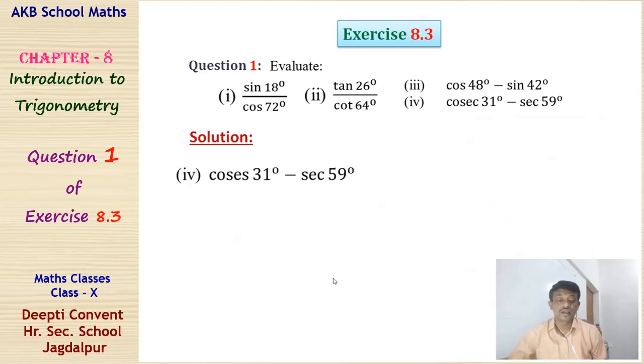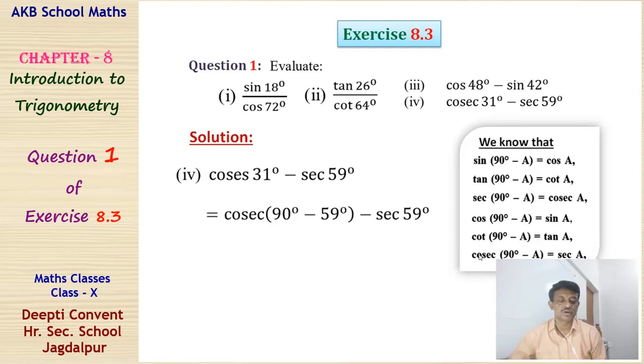Similarly, take question 4: cosec 31 minus sec 59. Here also the combination of these two is 90 degrees. So you can write 31 as 90 minus 59, or 59 as 90 minus 31. In any case, cosec(90 minus 59) equals cosec 31. From the table, cosec(90 minus A) equals sec A, so cosec changes to sec. So we get sec 59 minus sec 59, which is 0.